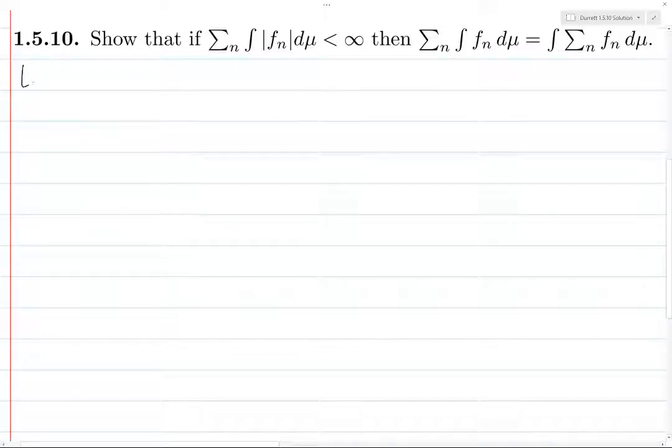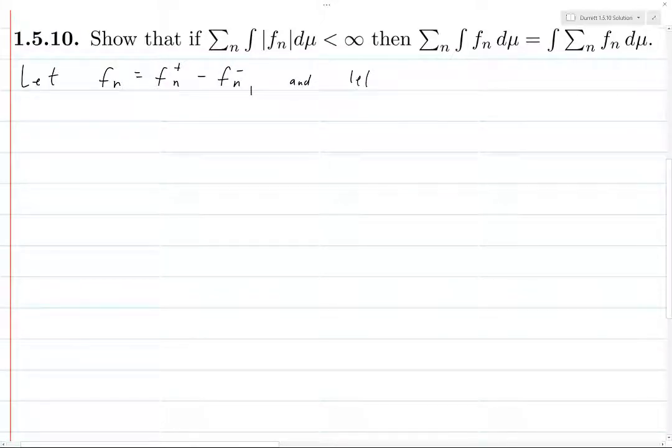So let f_n be given; we're going to break each of these f_n's up into the positive part and the negative part. Why am I using m's when I could use n's? Okay, we'll see how far I get before I switch back.